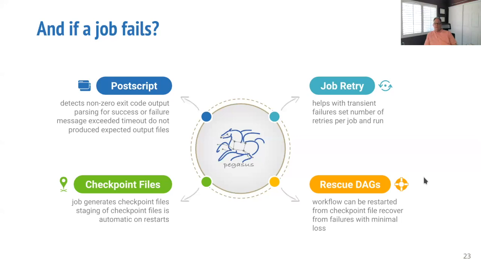But if it exhausts the number of job retries and there's no way to complete, the workflow will stop, but it will keep that state, right? So let's say that OSG is down for maintenance for a day. The workflow will stop. We can't make any more progress, and it will just write that state to disk.